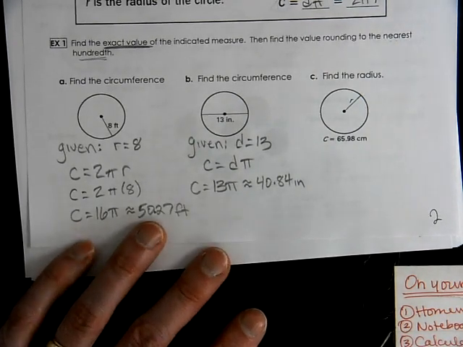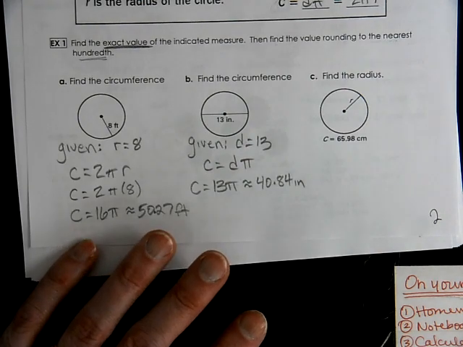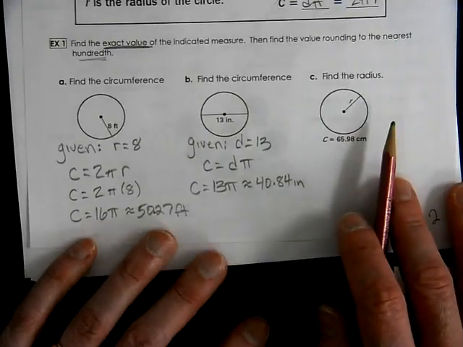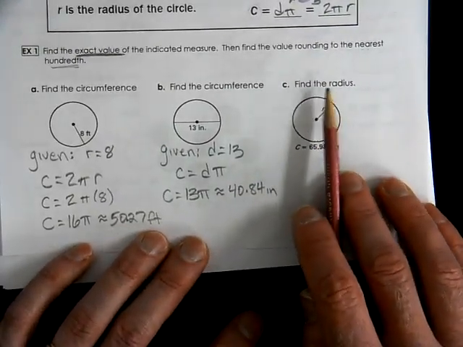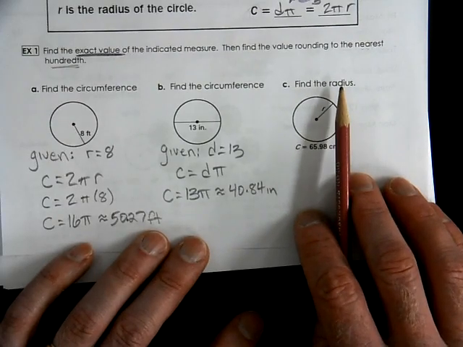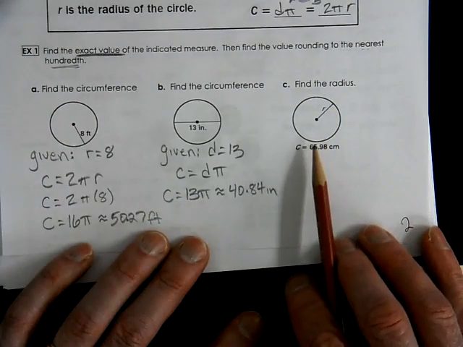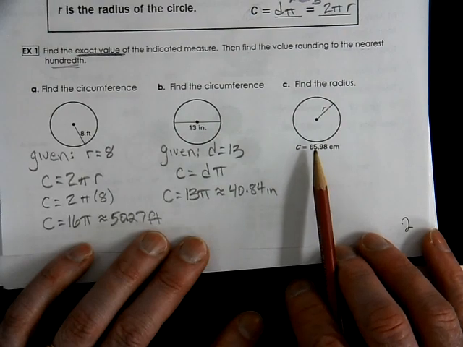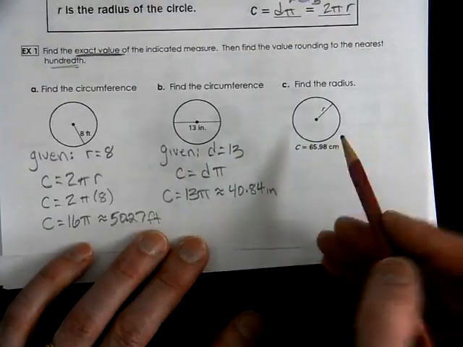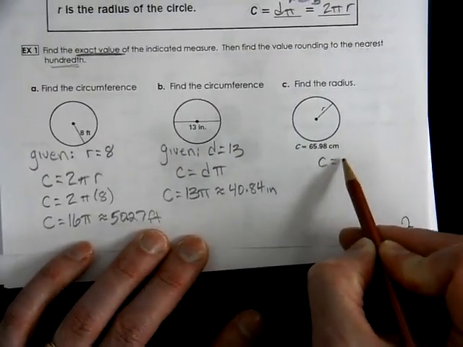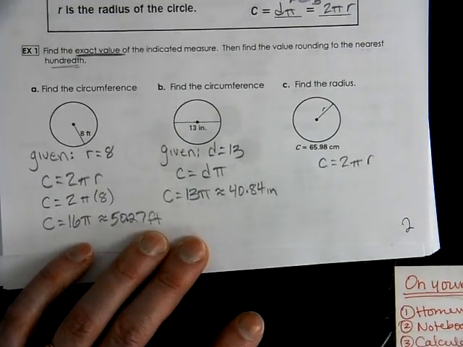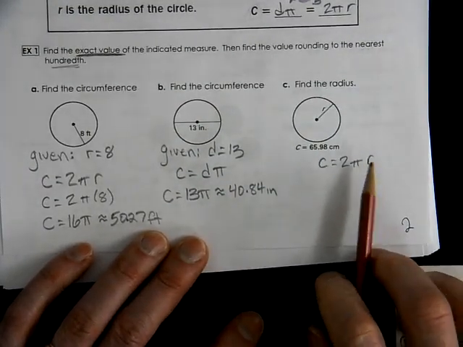Now those are pretty simple because we're just using a formula and we calculate it straightforward. This next one, we are being asked for the radius. What is the radius when the circumference is 65/98? So we're going to most likely use the formula 2 pi r because it has the radius in it.